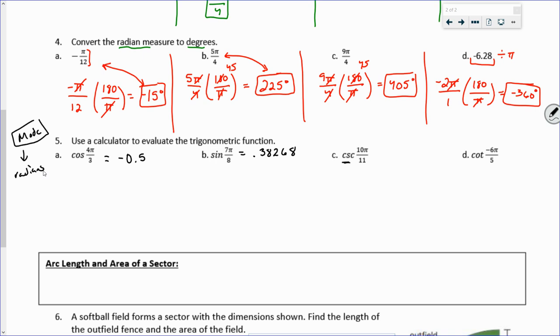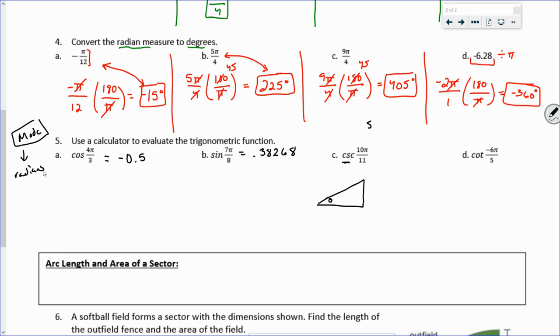Okay, now cosecant is the inverse of sine. So if you imagine an angle here, and inverse of sine.